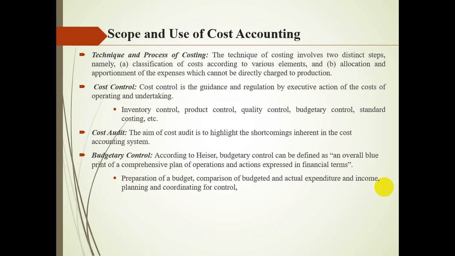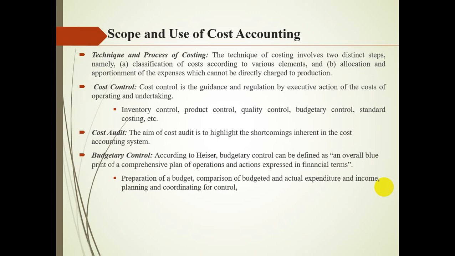Most organizations focus on the cost minimization side. Cost control is the guidance and regulation of cost by executing actions such as inventory control, product control, quality control, budgetary control, standard costing, and so on. One of them is inventory control.